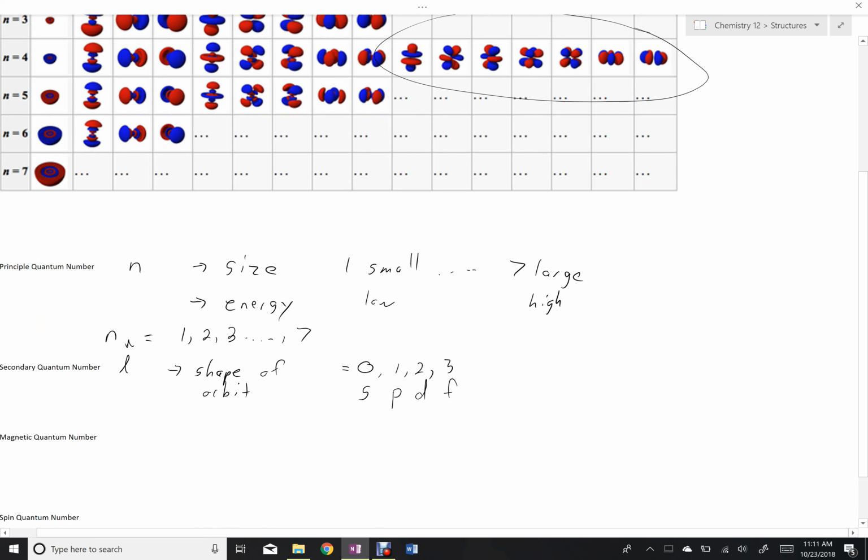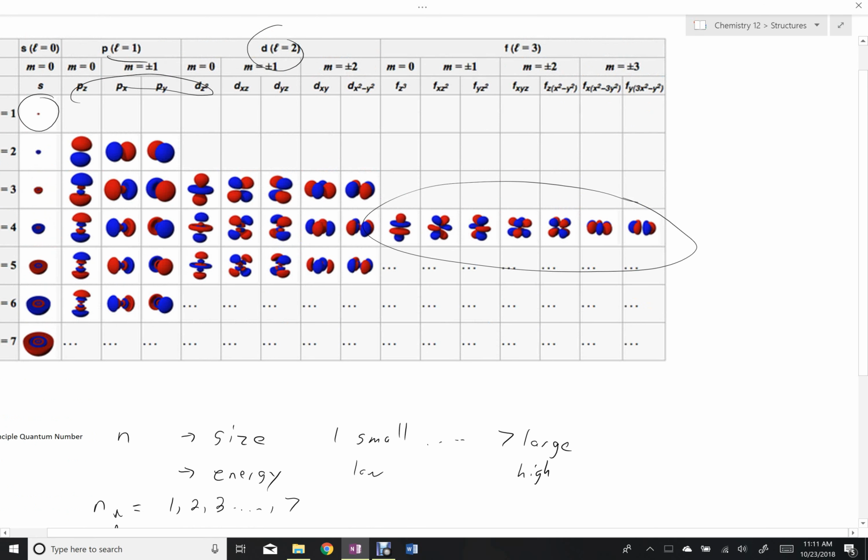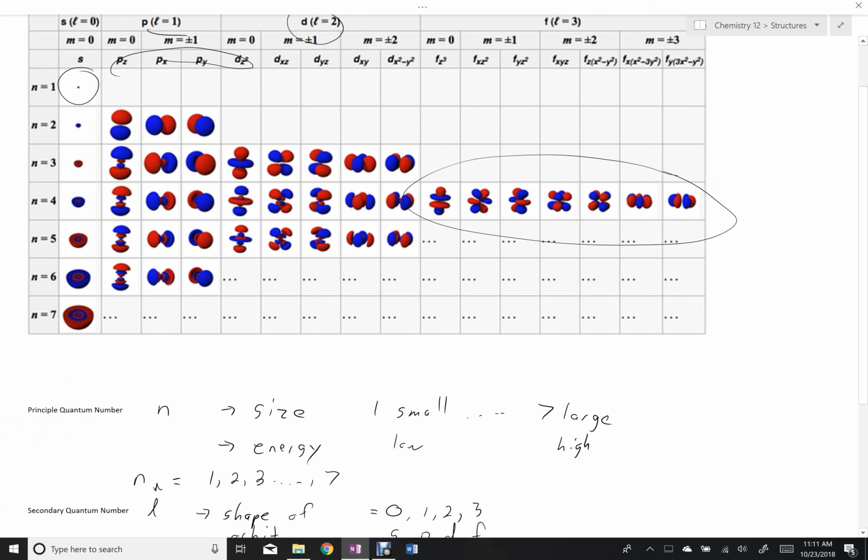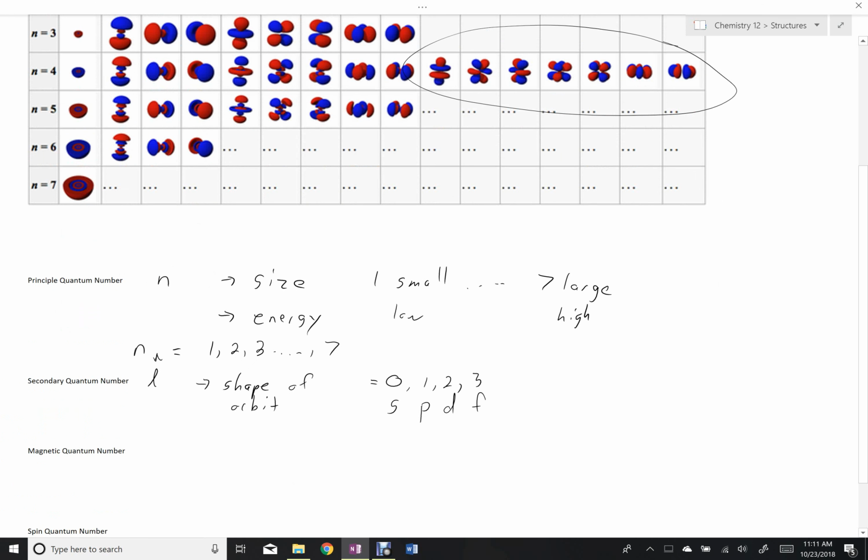Now, what we can see is not all n's have all of the L's. So there's some restriction here on L, where L can range from 0 up to n minus 1. So for example, if n was 3, then L would be able to be 0, 1, or 2, but it would stop there because that's 1 less than the value of n.